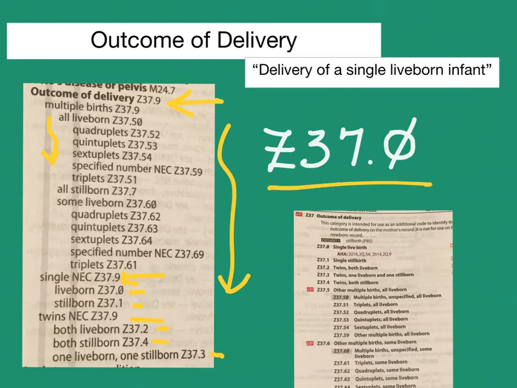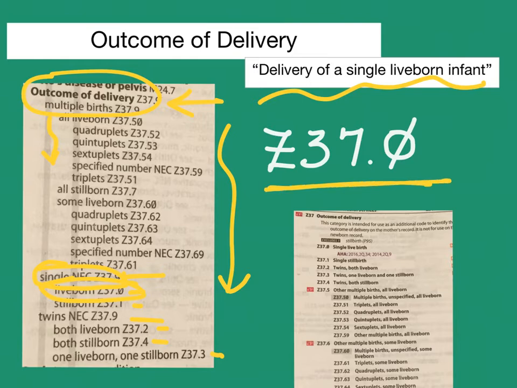As a quick example, delivery of a single live-born infant. This would be coded to the outcome of delivery, single, live-born, Z37.0.